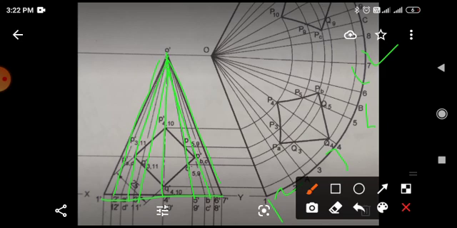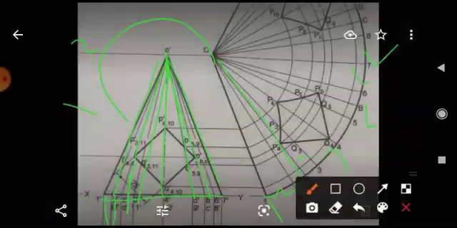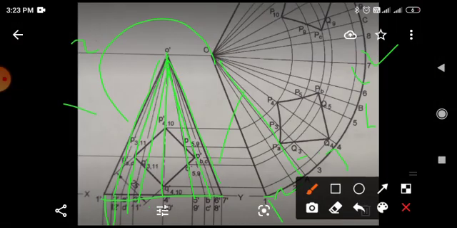Now just take the projection 1 to the 1 line. Now the projection 2 to the second line, 3 to the third line, 4 to the fourth line, 6 projection to the sixth line. In this way you have to go 1, 2, 3, 4 and so on. You just have to go on marking each and every point.